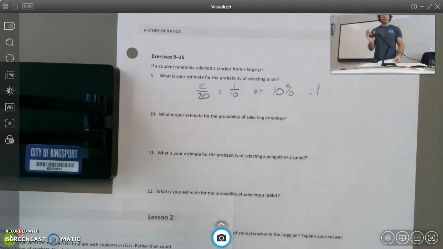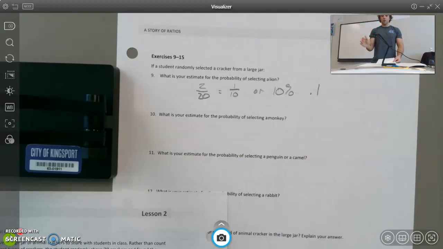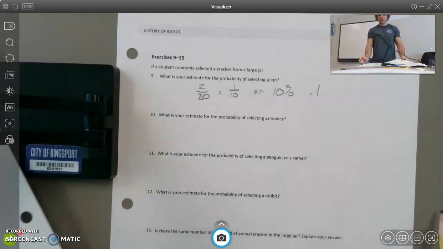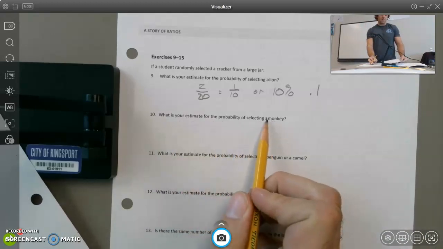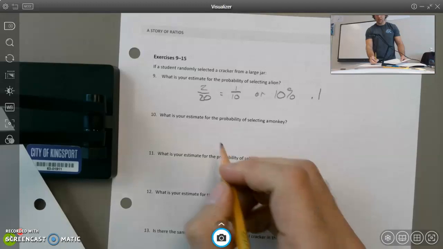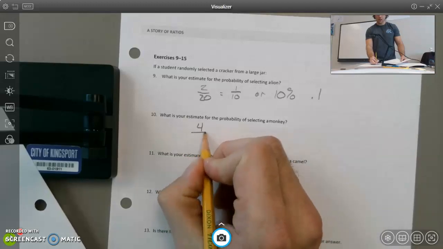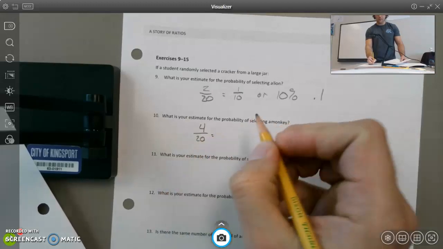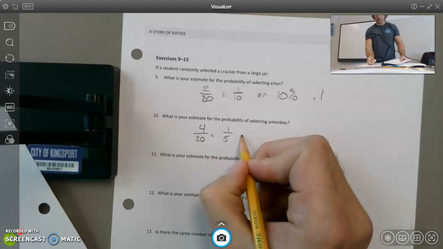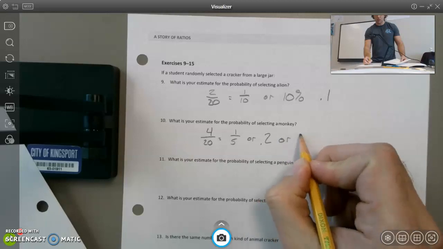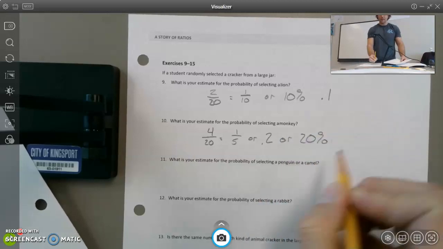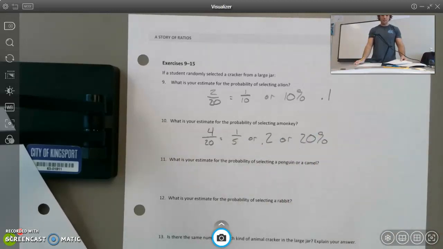If you remember yesterday, you did chance probability on a scale of 0 to 1. Chance is 1/10. What is your estimate for the probability of selecting a monkey? Well, 4 monkeys were selected out of 20 crackers, which is the same as 1/5, or 2/10, or 20%. This is the likelihood of selecting a monkey.